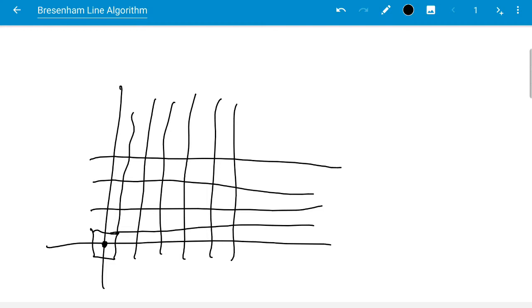Alright, so let's draw a line between the points 1, 2 and 6, 4, following this algorithm.